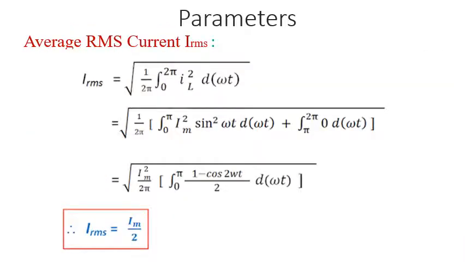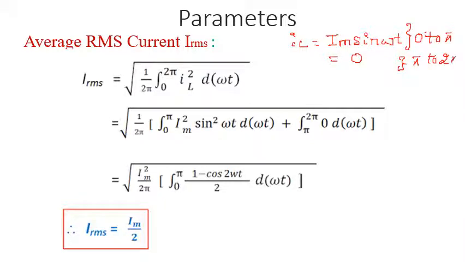Next is the root mean square current. IL is the current we measure at the load, which is Im sin omega t for 0 to pi, and equal to 0 from pi to 2 pi.